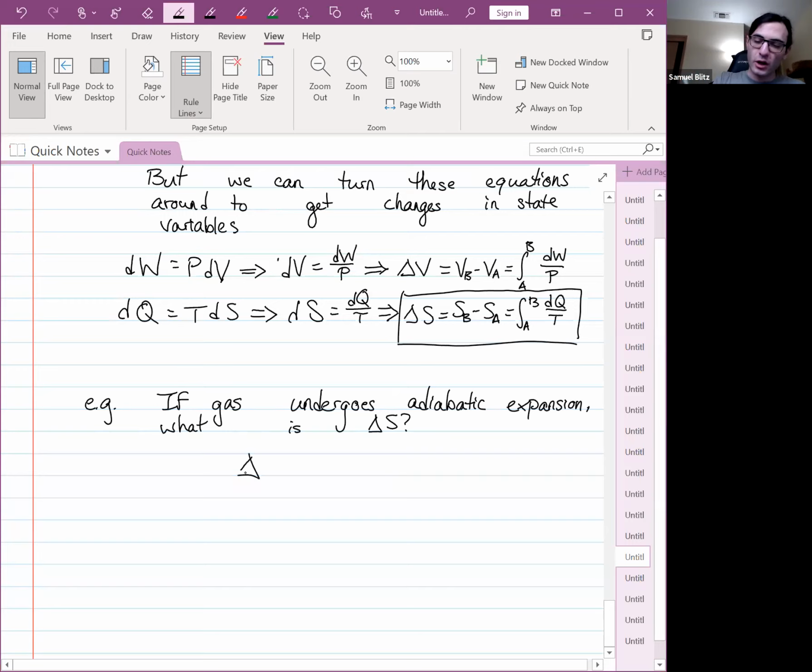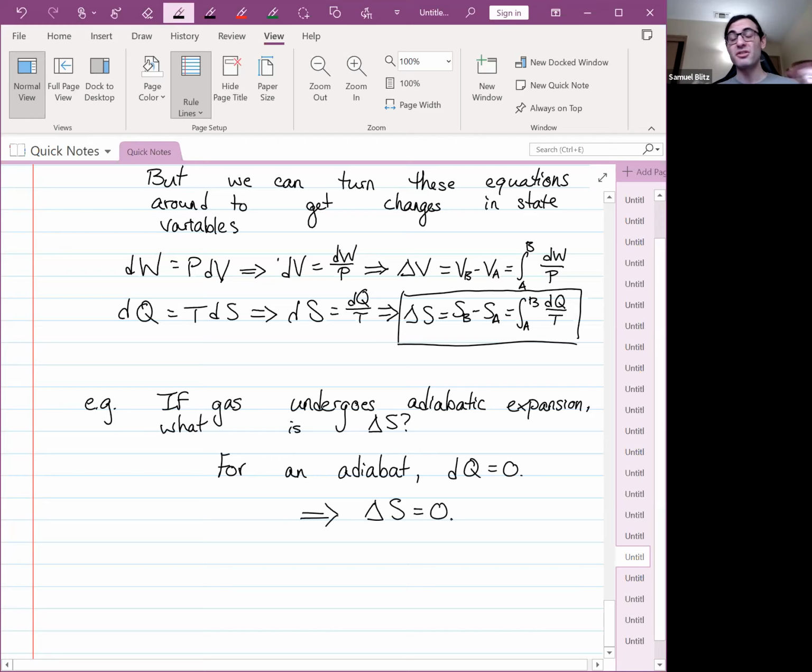Well, right out the gate, we have a formula for delta S. It relates to the small amounts of heat added divided by the temperature. It's an integral. But we know that for an adiabatic expansion, there is no heat added or leaving the system. So dq is 0 for an adiabat, which implies that delta S is 0.